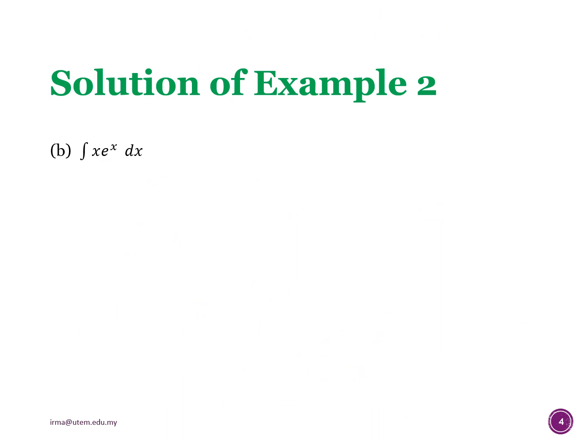Next we proceed to example 2b. We have the function x exponent x. By using LOPET just now, the function x is polynomial and e is exponential, so P and E, P comes first.